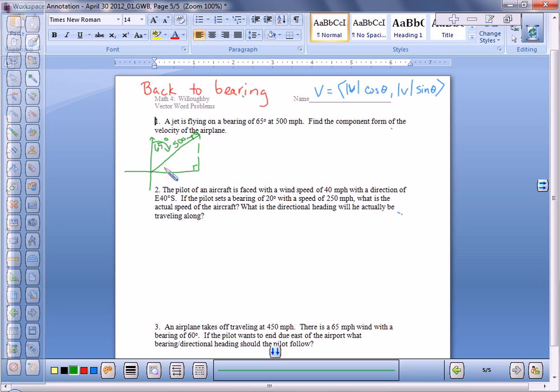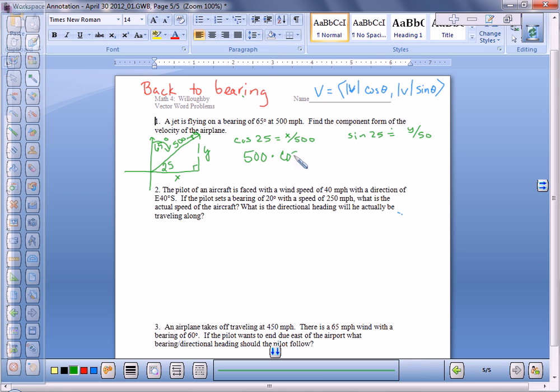So to find the component form, we could use our shortcut, or we could look at our triangle. This is our x, this is our y. So cosine of 25 is equal to x over 500. Sine of 25 is equal to y over 500. And we solve these. If you used your shortcut, you're punching straight in, which is what our next step would have been. 500 times cosine of 25 is our x.